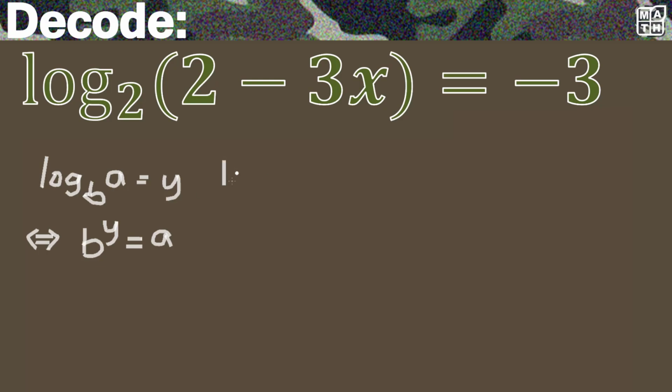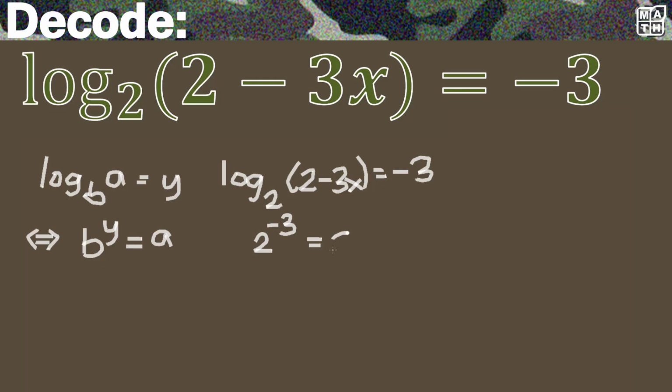So let's have it here. The logarithm of the expression 2 minus 3x, or the quantity, to the base 2 is equal to negative 3. Let's use this form. You will have 2 to the power of negative 3, as this is the exponent, is equal to your expression 2 minus 3x.